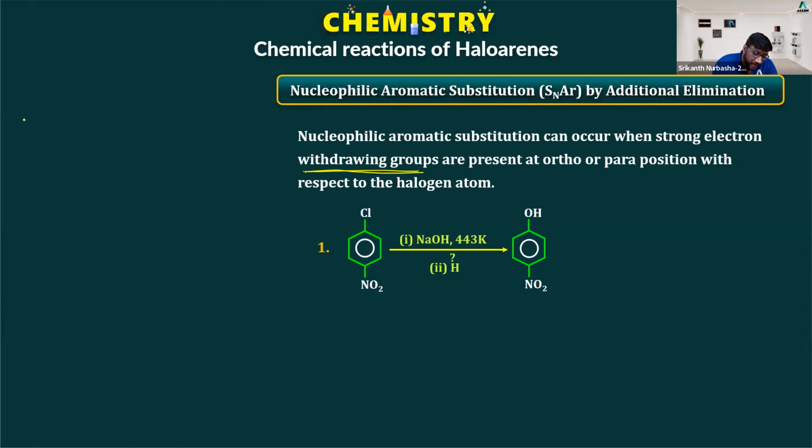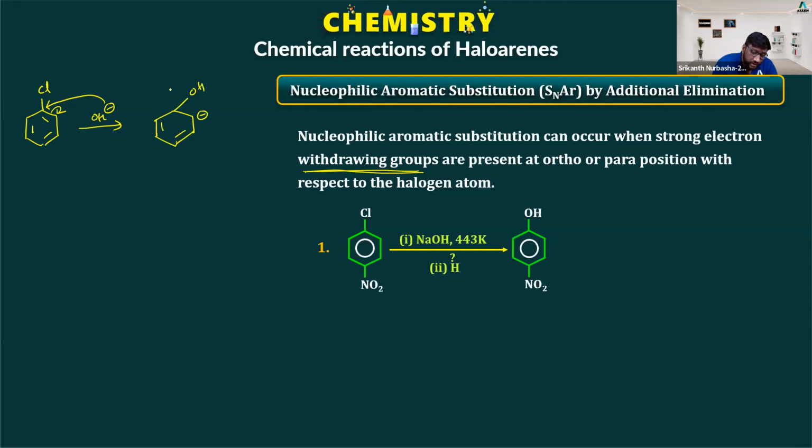So what is going to happen in the first stage is, I am just writing the reaction with respect to chlorobenzene without any substitution, and we have OH minus. The OH minus will try to attack this particular carbon, and instead of the carbon chlorine bond cleaving, the carbon carbon pi electron density will be donated to the next carbon, that is the ortho position, generating this type of intermediate.